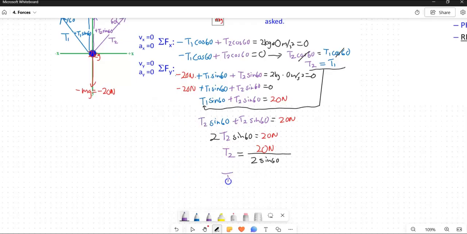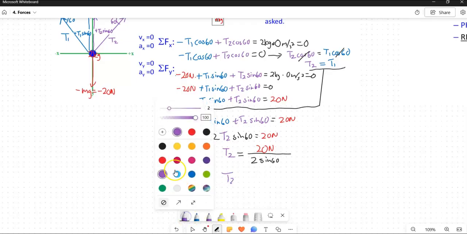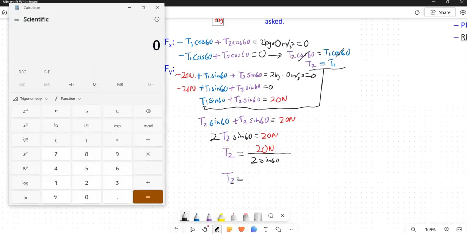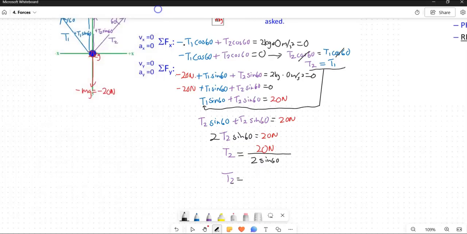So T2 is going to be equal to, here we go, 60 sine is 0.866, times 2 equals, and then we flip it and multiply it by 20 on top. 11.55.